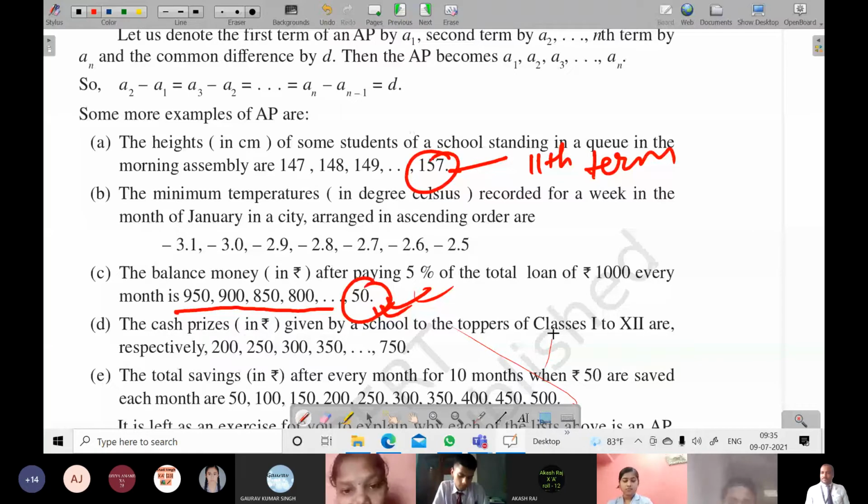Okay, leave it. Simply say the formula: An is equal to... I just now said it.